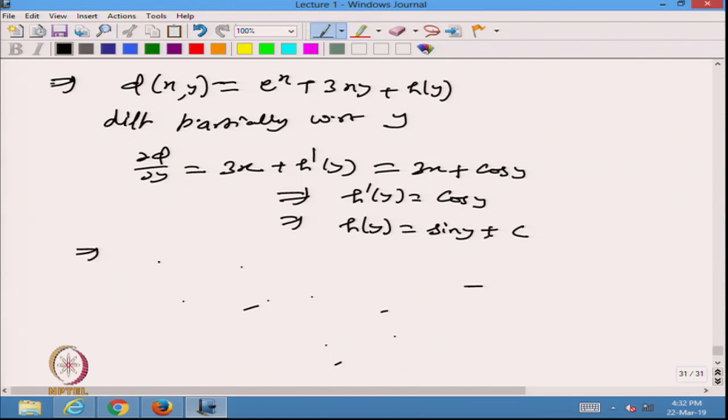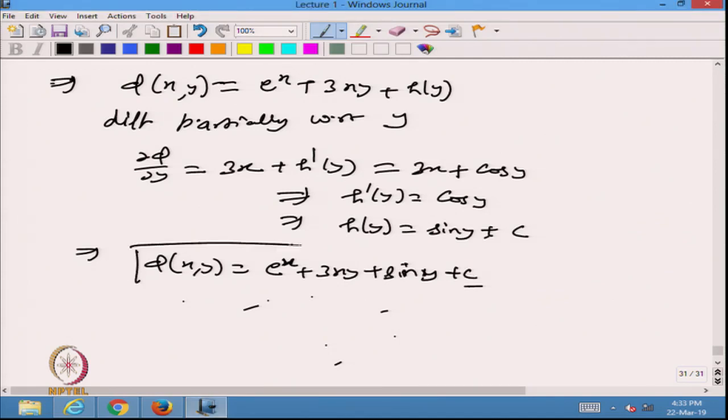So, from the equation I can define my function phi(x,y) as e^x plus 3xy plus sin y plus c. So, this is my given function.